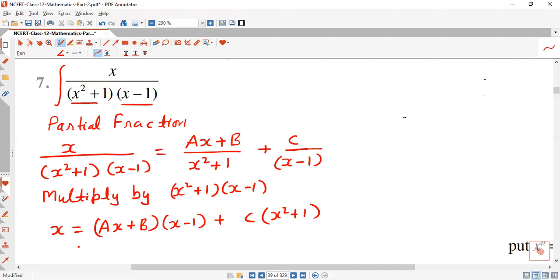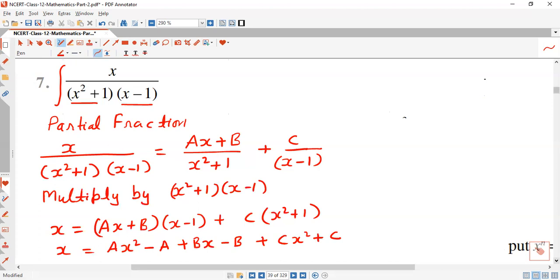Now open these terms: ax square minus a plus bx minus b, plus cx square plus c.